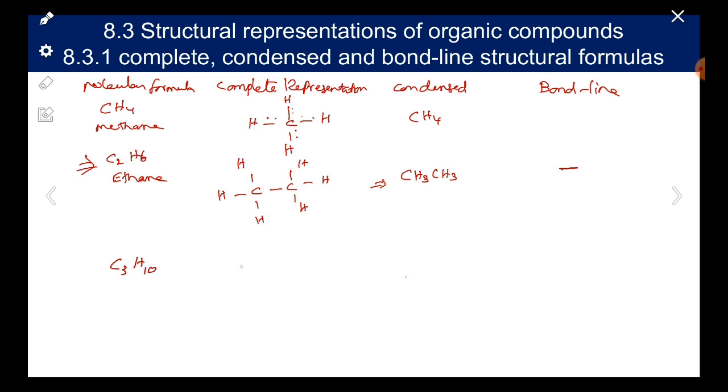C3H10. Okay, this is a propane. Some of the examples I am giving you are not available in your books, but these are all fundamentals so that you can easily understand, right? First you write the number of carbons like this, then write the hydrogens.